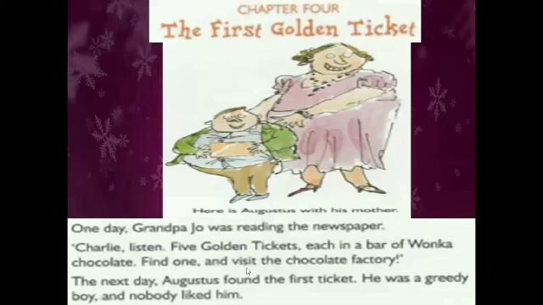Find one and visit the chocolate factory!" There you go. I changed my voice. Then I could see speech marks before Charlie and after the exclamation mark. Good. Now that's a direct speech. Write it down.